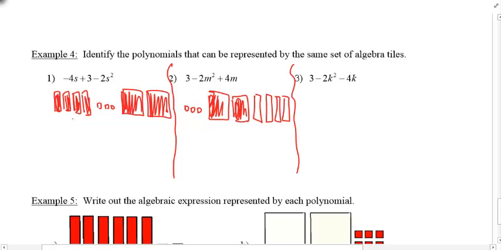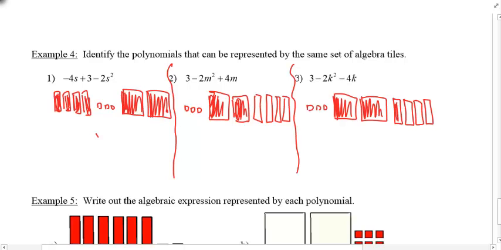Very close, except now we have 4 shaded rods in the first one, 4 white rods in the second, so they're not the same. It looks to me that number 1 and 3 are the same. Agree?